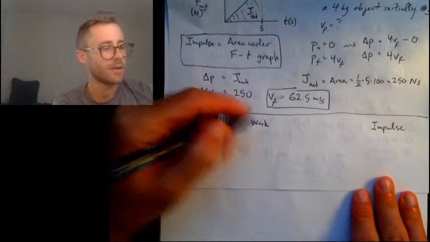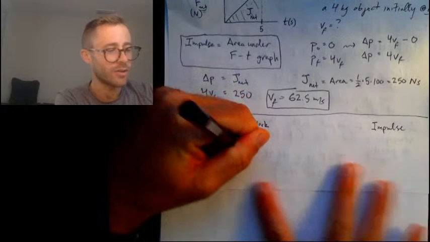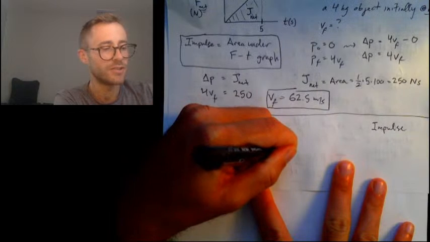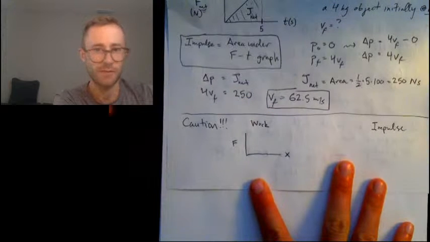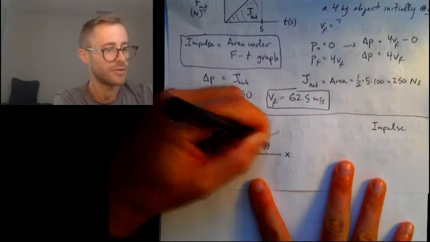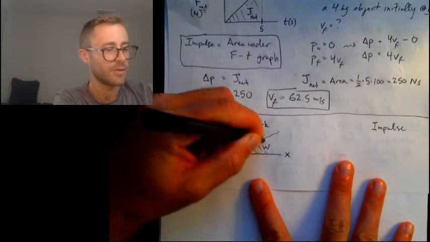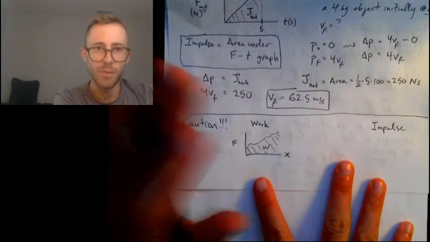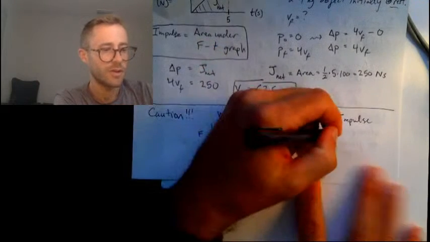Work was the area under the curve of a force versus position graph. So this area under the curve was work. Impulse is slightly different though.